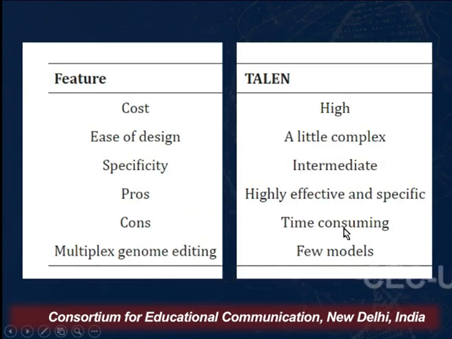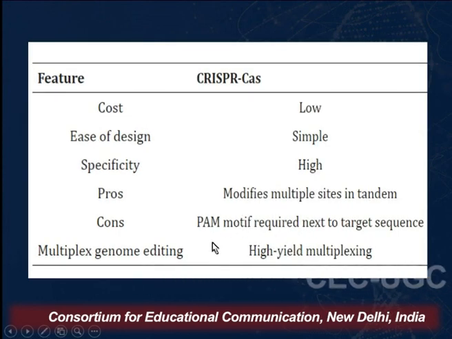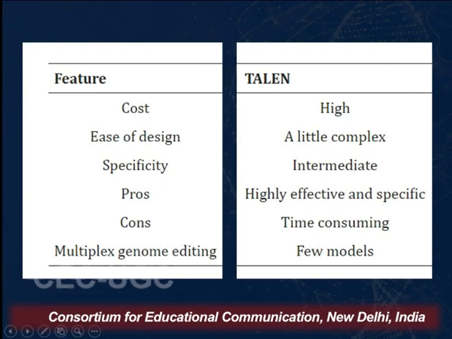It is highly effective and specific as far as the positives are concerned. The cons, for example, here is the requirement of the PAM sequence, which causes a limitation. Here it is a very time consuming method to create the TALENs and all that. And again, for multiple genome editing, there are very few models that can facilitate multiple genome editing in one go.